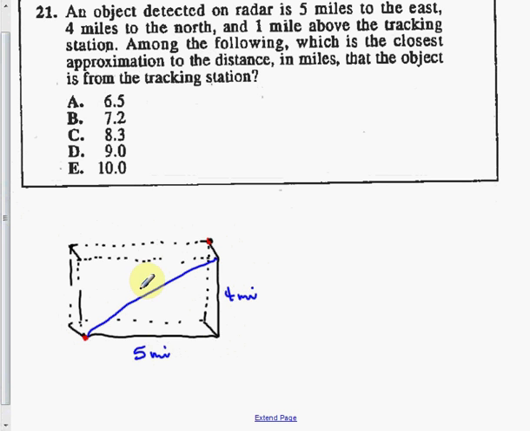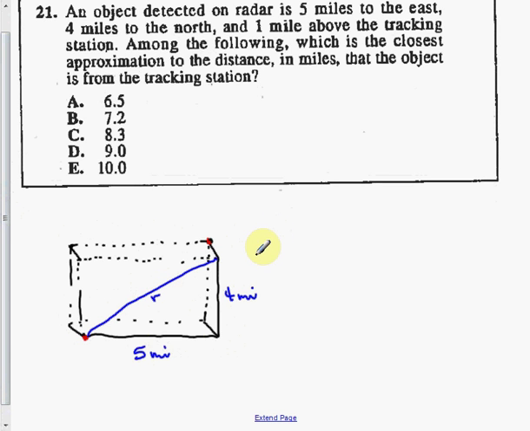So we can find this, and I'm going to call this R. We can find R first. So let's go ahead and find that. So far we're just looking at the base of this box. We're going from one diagonal to another diagonal. We hadn't raised it up that 1 mile yet. That's a little bit tricky, but let's just stay in the base.